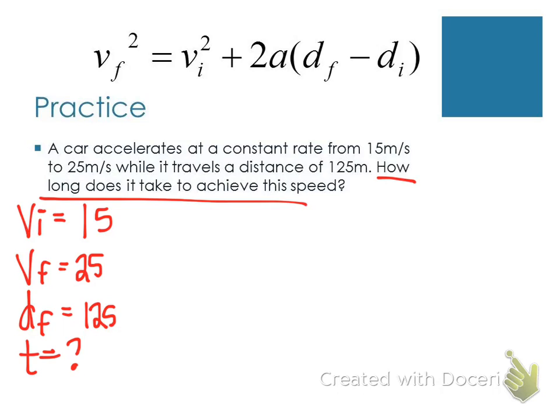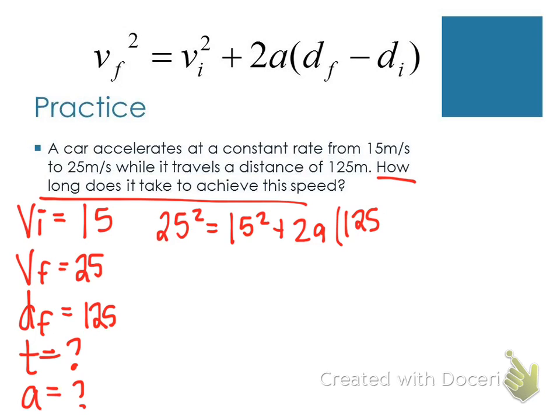All right, so let's solve for acceleration first. Vf squared equals Vi squared plus 2a times 125. And we could say 125 minus 0, but that doesn't do us a whole lot of good. You can leave it in there if you want. You don't have to, but you can.